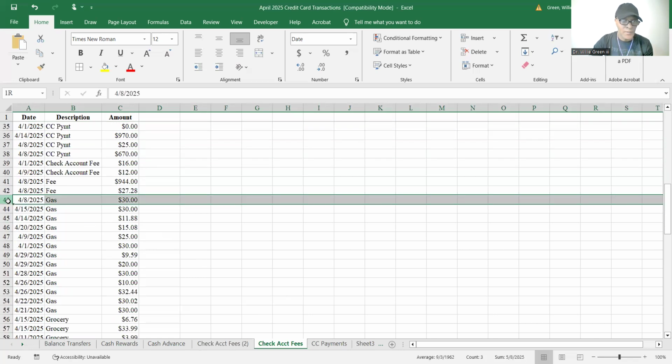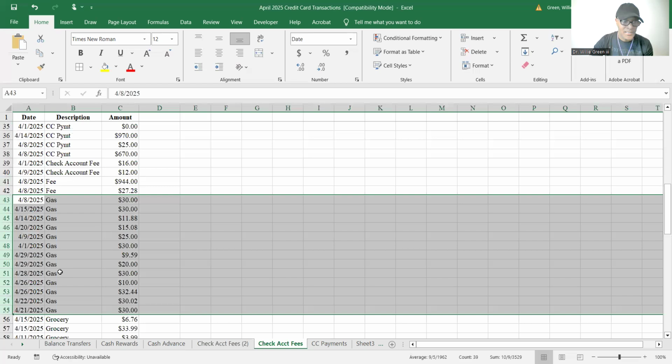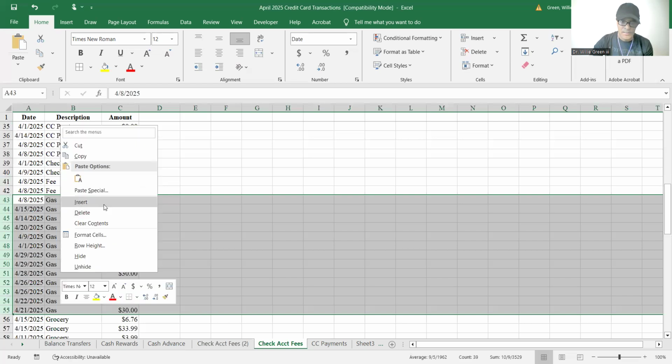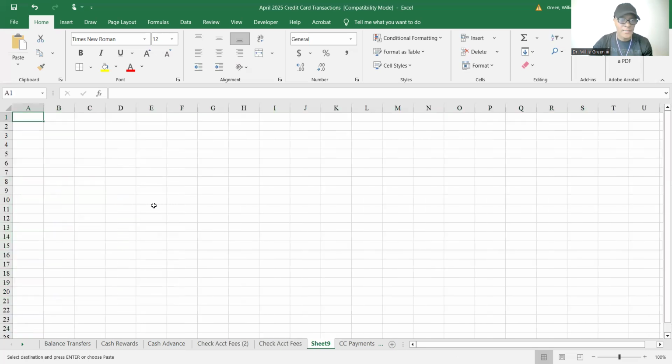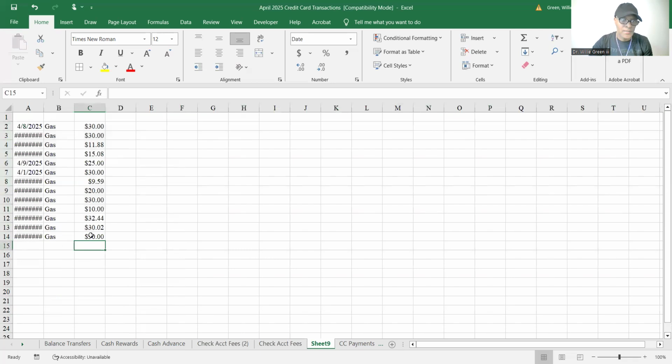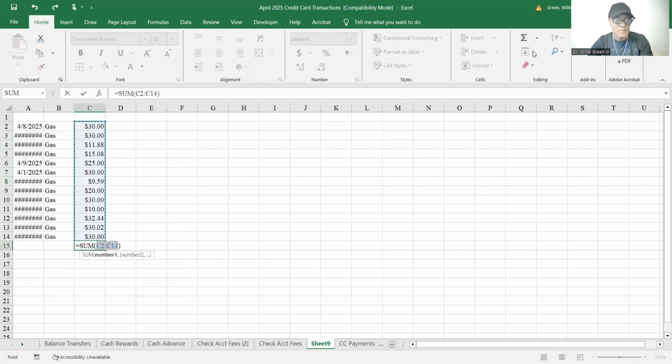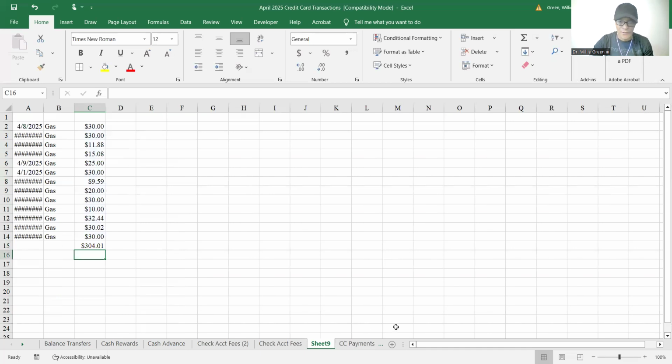I'm gonna go ahead and go to gas, see what I spent in gas. Cut that. Create another here. Go ahead and total that up. Okay, spent $304 in gas.